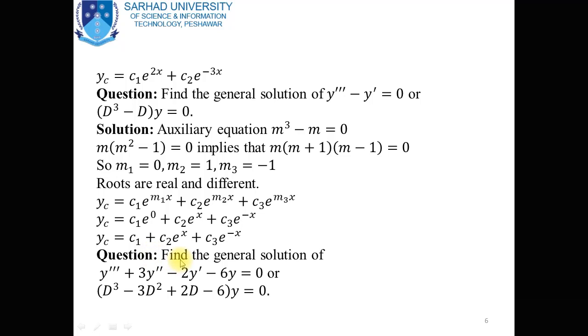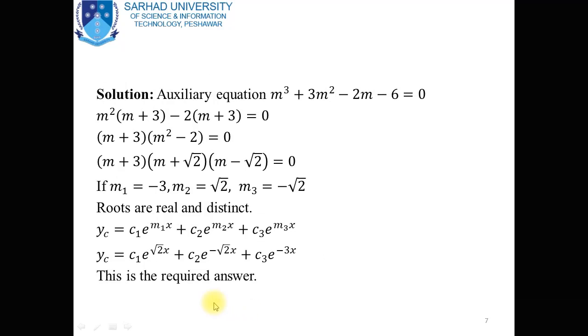Now in the third example, to find the general solution of this third order linear differential equation with constant coefficients, d cube plus 3d square minus 2d minus 6 into y. Now the auxiliary equation for this differential equation is m cube plus 3m square minus 2m minus 6 is equal to 0.